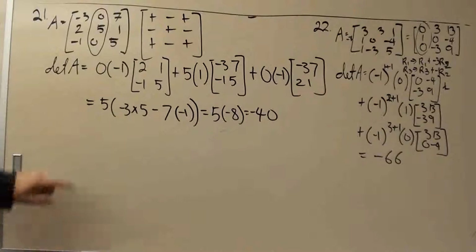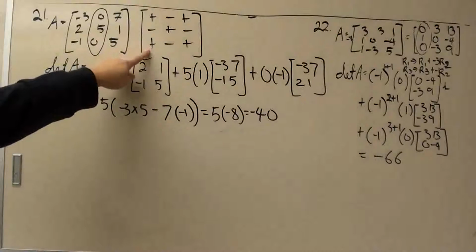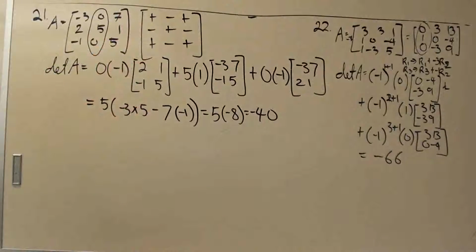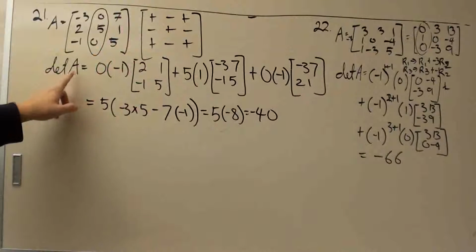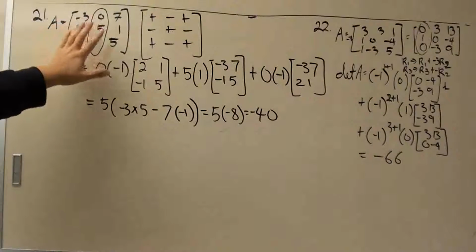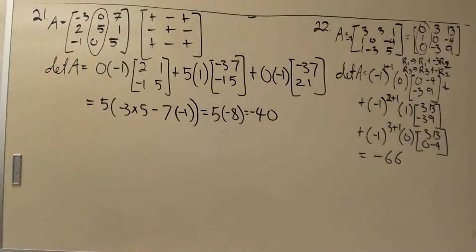For now, this should be built in your head by now, since we're currently doing 2.2 or 2.3, depending on which section you're in. So, determine A. When you look for these things, we want to find columns or rows with as many zeros as possible.